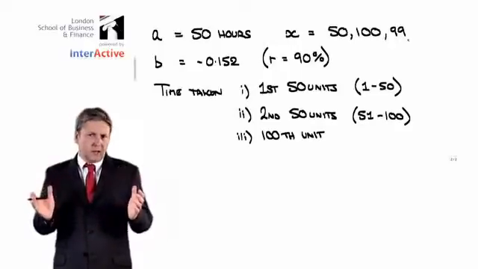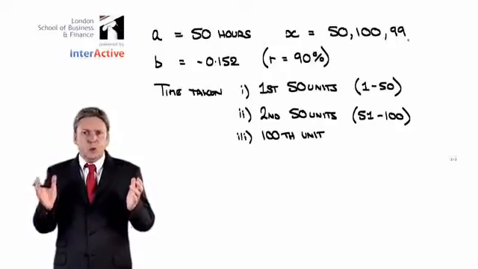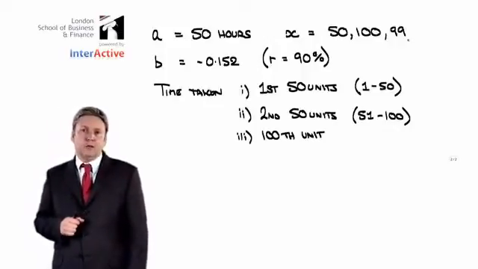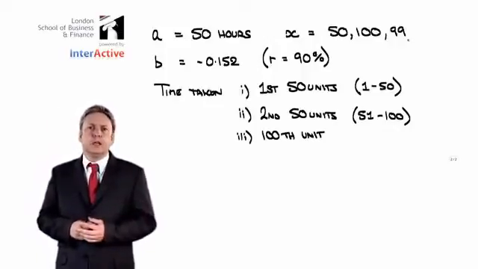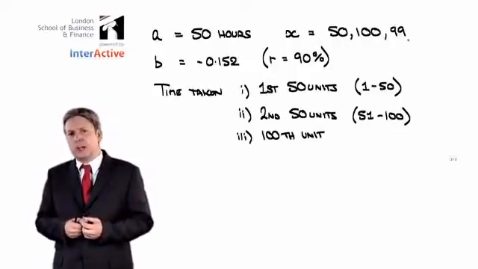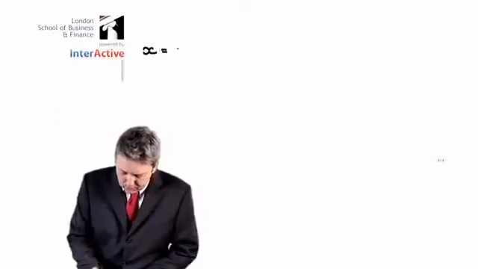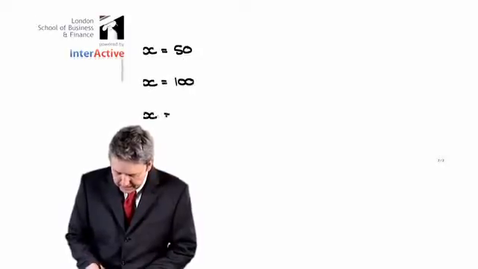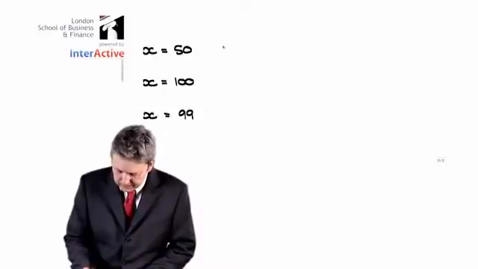Now, once we've got that, remember what I said. The way we want to do this is, first of all, just get the values of x, apply the learning curve. And once we've applied the learning curve, only then do we think about precisely how we're going to present the answer. So, x equals 50, x equals 100, and x equals 99.